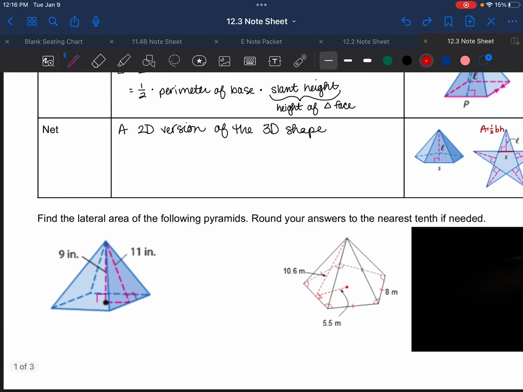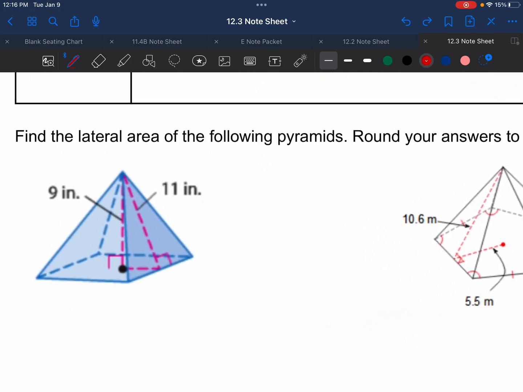Let's practice. Find the lateral area of the pyramid. For lateral area, it's 1/2 times the perimeter times the, not the height, the slant height. If we look at this, we have a slant height of 11. So it's 1/2 times the perimeter times 11. We don't have the perimeter because we don't have side lengths.